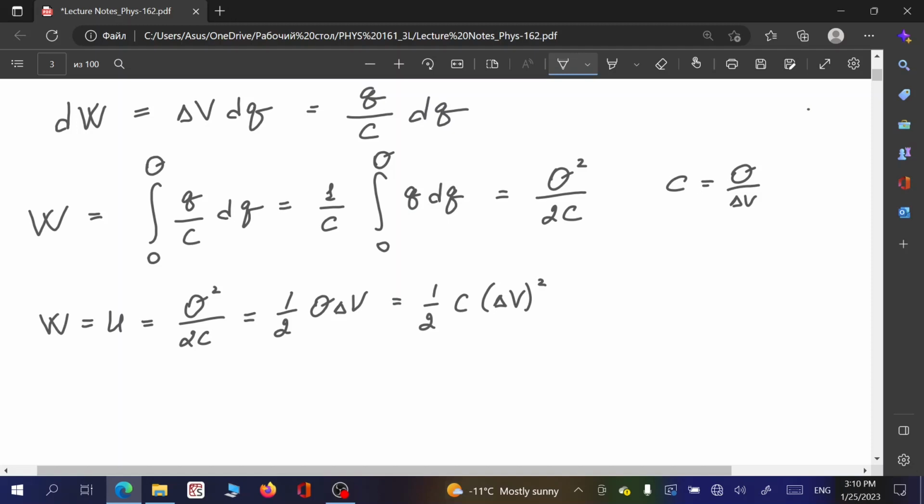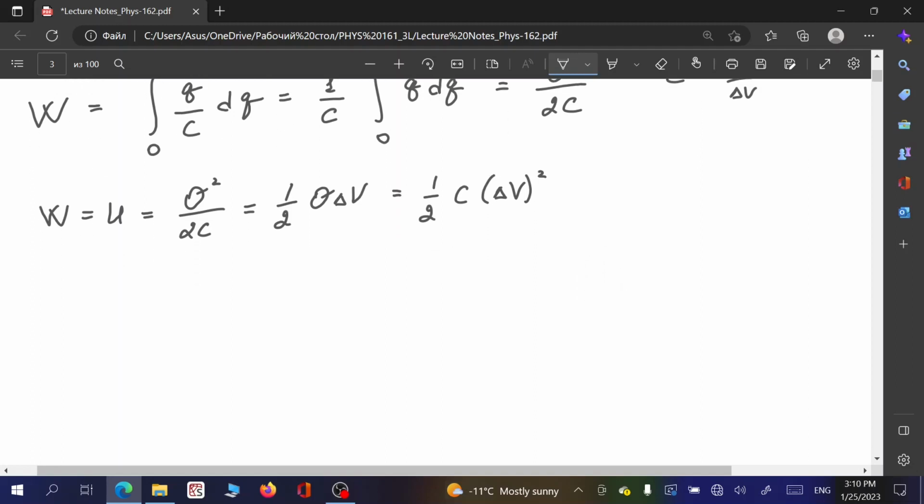So now let us consider some specific example when we are not talking about just capacitance, but specify that we are dealing with a parallel plate capacitor. So we have a specific equation which describes the capacitance of such a capacitor, and then we can consider what will be the energy accumulated in a parallel plate capacitor. So for a parallel plate capacitor, we remember that the potential difference, dV, is given as electric field times the distance between the plates.